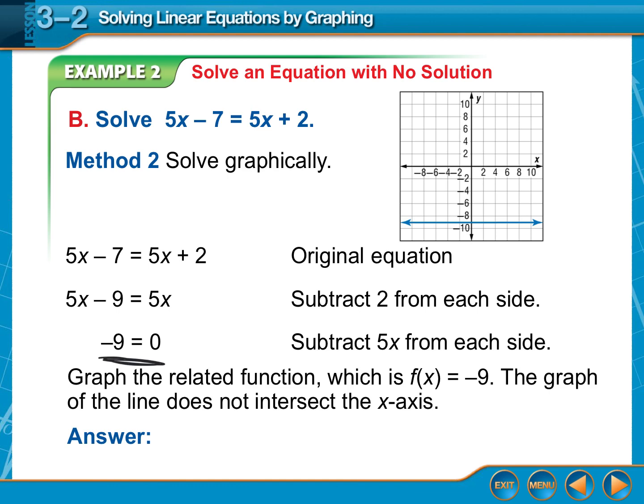Notice how they graphed it, though. We have negative 9, but what do you notice about how the graph is? It's horizontal. Where's its intercept at? Y equals negative 9. Yep.